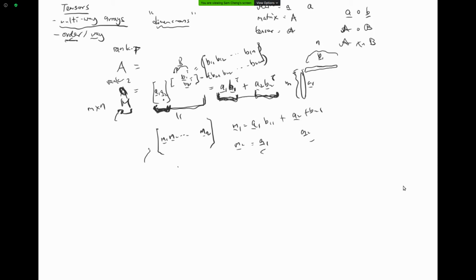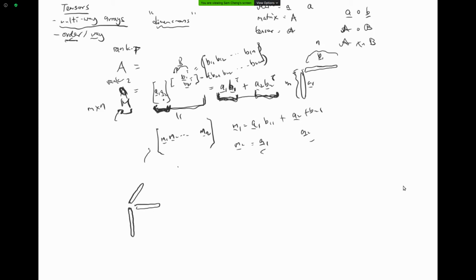Now if we extend to tensors, for example a three-way tensor, it will be an exact analogy of this. I can consider a rank 1 tensor as just a product like this, right?